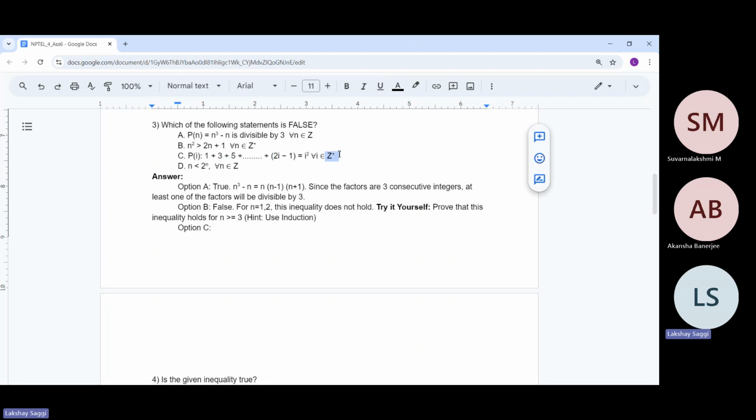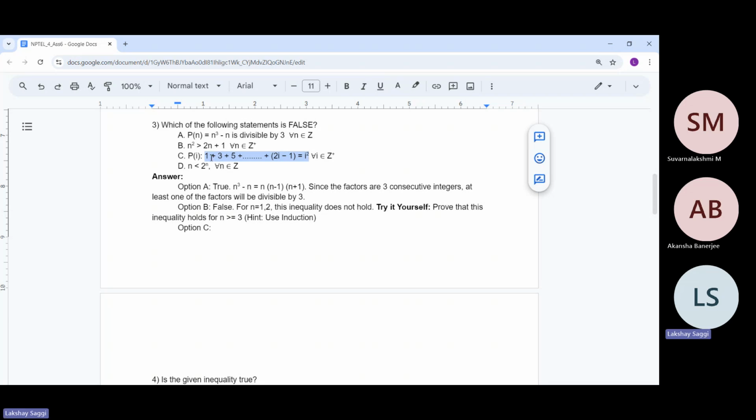Let's just assume natural numbers. So we need to effectively show that 1 plus 3 plus 5 till 2i minus 1 is i square holds true for natural numbers or not.